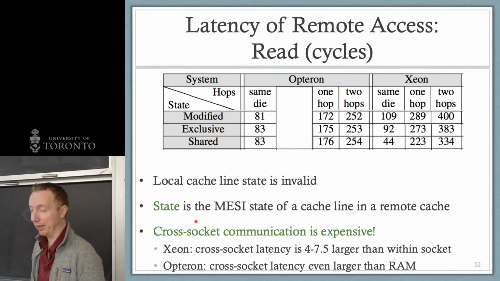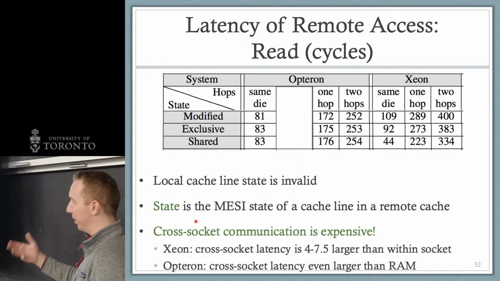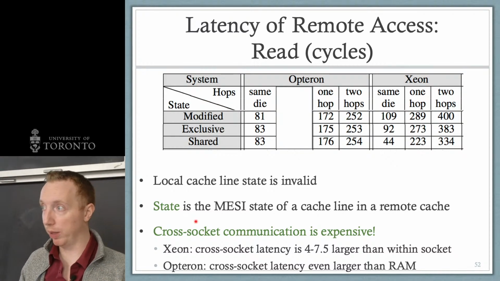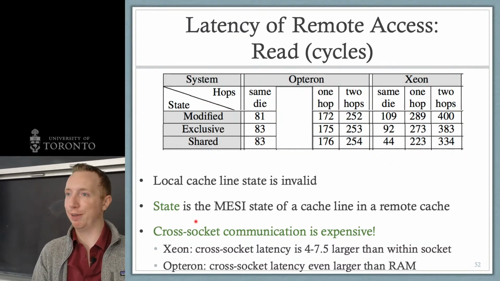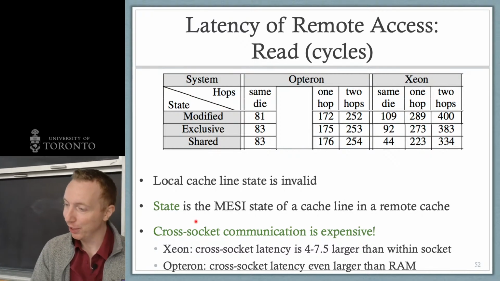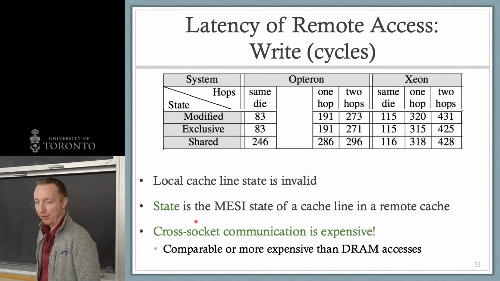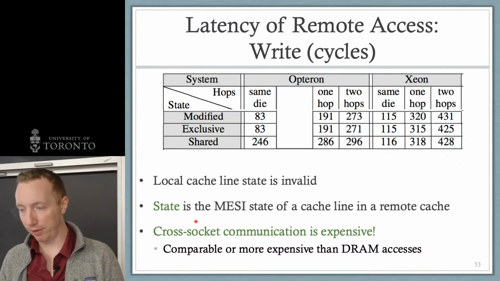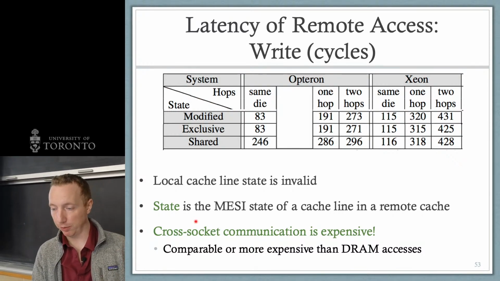So you might just get unlucky if your program is running on different cores that are on different sockets. Suddenly your performance gets way, way worse if you have a machine like this, which unfortunately we do not have access to yet. Luckily for us, we don't have to worry about this. But same thing, writes are going to be much, much slower depending on the topology of the actual CPU itself.